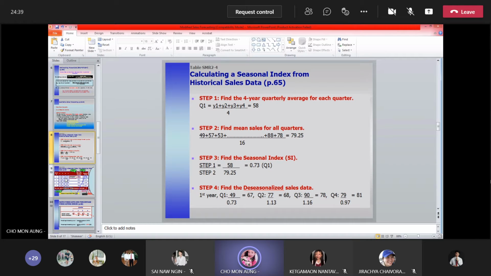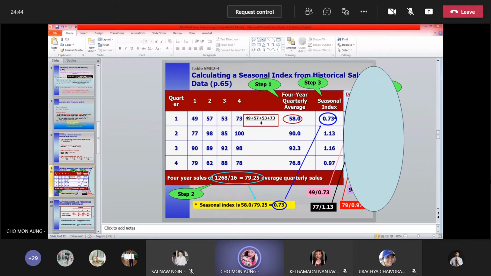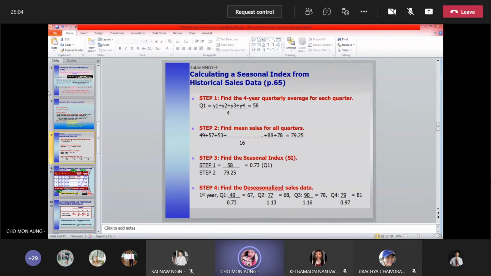For quarter 3, the seasonal index from step number 3 is 1.16, so 90 divided by 1.16. What about quarter 4? Year 1, quarter 4, actual sales 79, and we divide by the seasonal index of quarter 4. So these are the deseasonalized sales data for year 1, quarters 1, 2, 3, and 4.